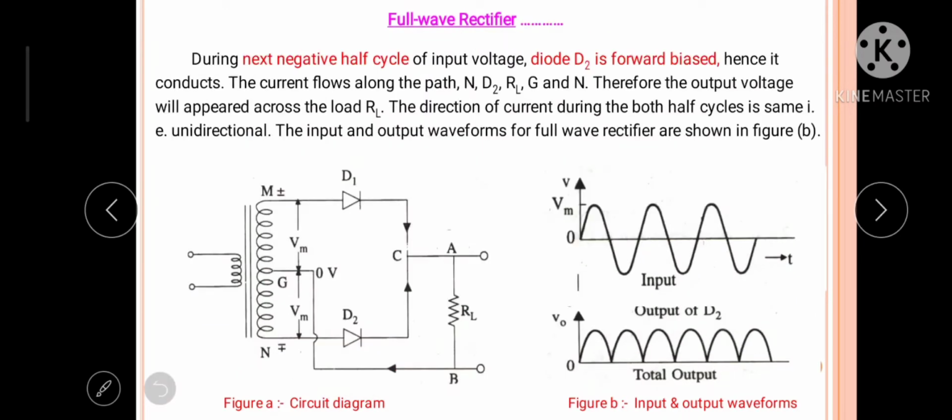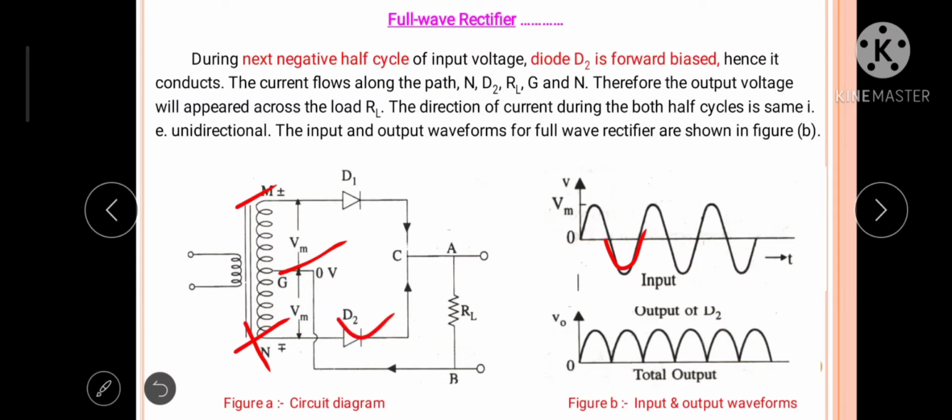Now during next negative half cycle, the polarity of input side is such that point M is negative, point G is 0 and point N is positive. Due to this polarity, diode D2 is forward biased and hence it will conduct the current.